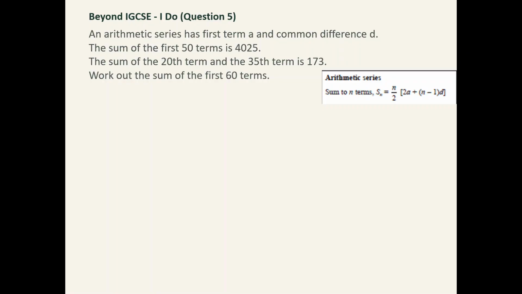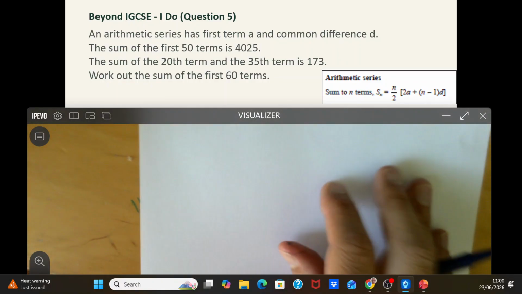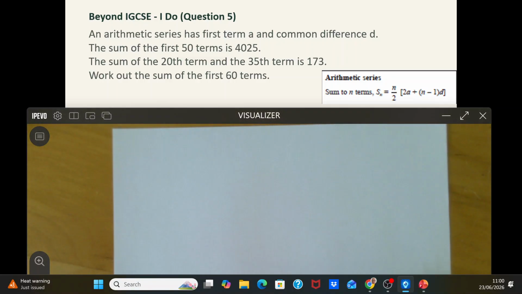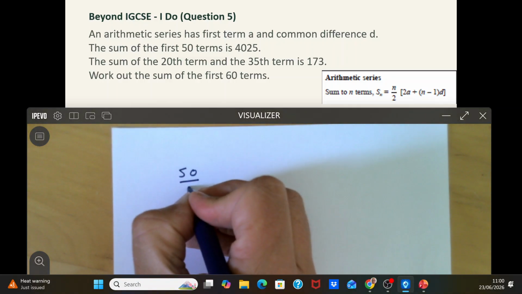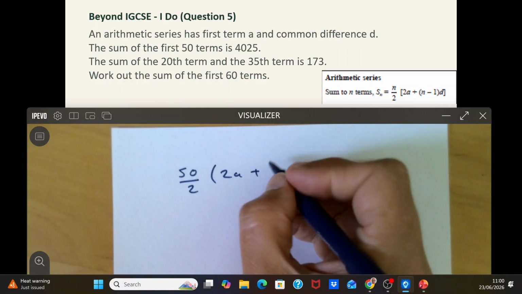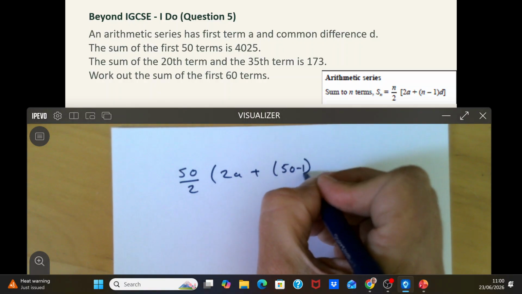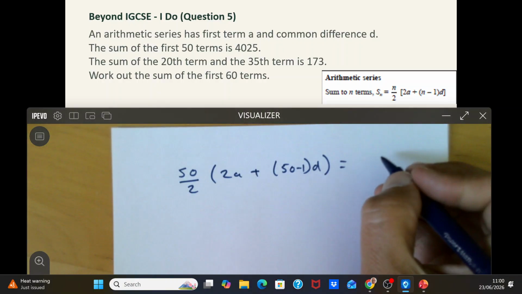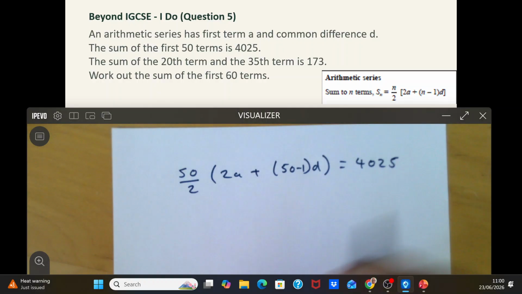Next one. This is a slightly harder one because it's more from my memory. It's harder than you would get on an IGCSE because of the values. Now, those of you that feel that you can do it, you can just do it. However, I am just going to talk you through this one myself. So, going quite quickly, 50 divided by 2 times 2a plus my 50 minus 1, which I know is 49d, equals 4025.